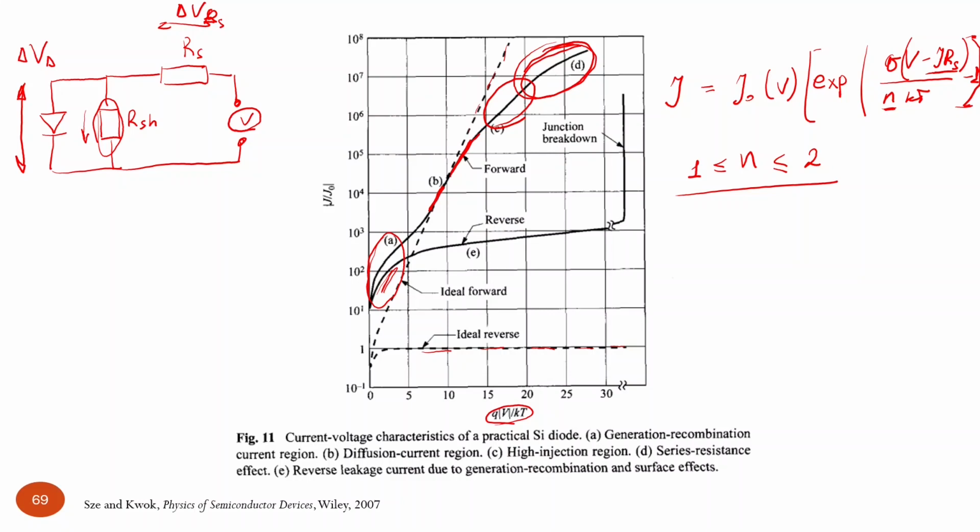And from the qualitative point of view, you can explain that it can also deviate from this ideal current voltage characteristic, mostly because of generation recombination processes in the depletion region, and that's why we deal with the semi-empirical Shockley equation, which is this one, and takes into account the voltage dependence of the saturation current, and also the parasitic effect of series resistance.